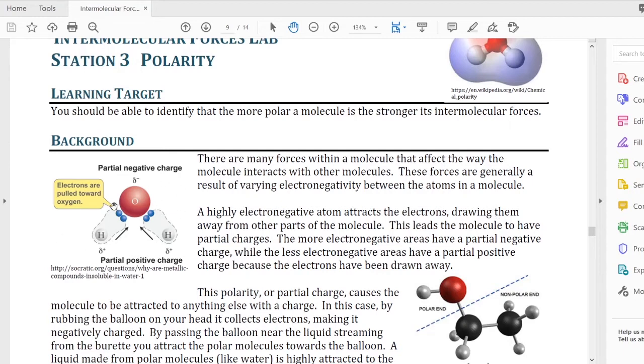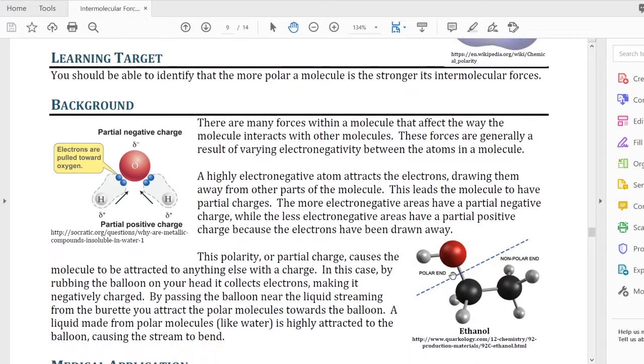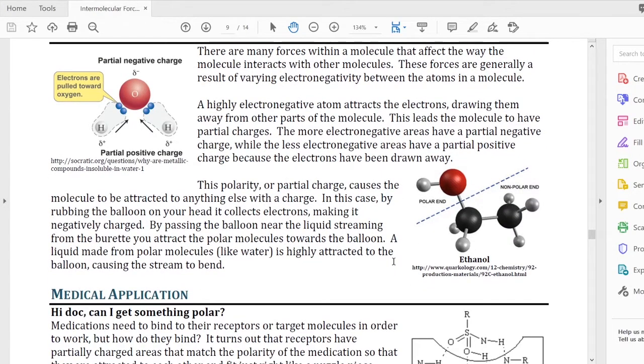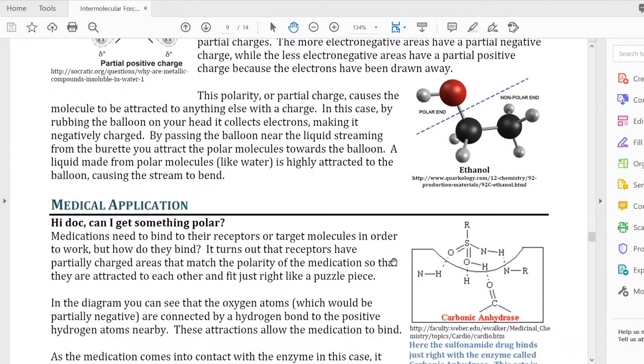And of course, we always use water as a very good example of something that has a very strong polarity. So the oxygen is slightly negative and hydrogen slightly positive, okay? And so I'll actually show you that there is a certain part of water that is attracted to something. And for this we're going to use static electricity, okay?